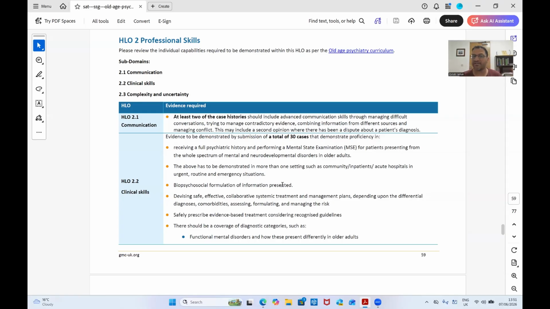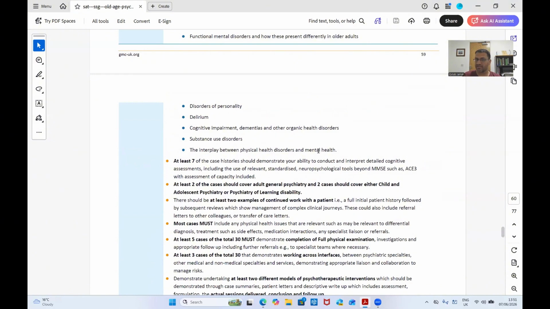You have to show the variety of cases there, right? It doesn't matter which cohort you are under, but you have to show that ability to assess patients in depth. There have to be physical mental health interface cases.